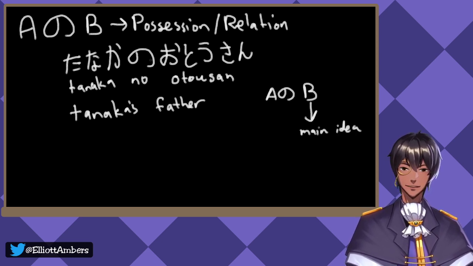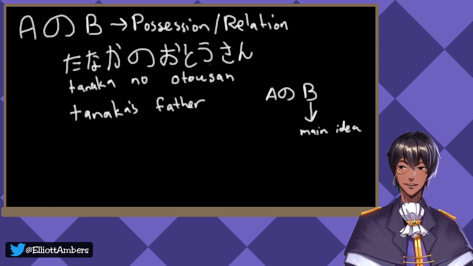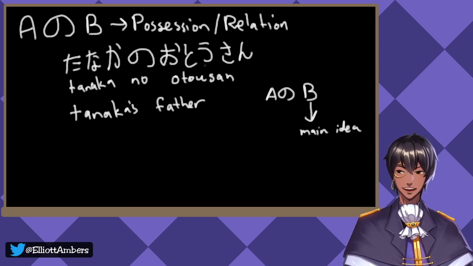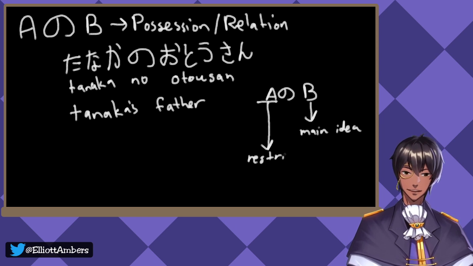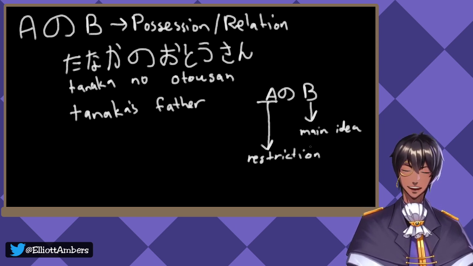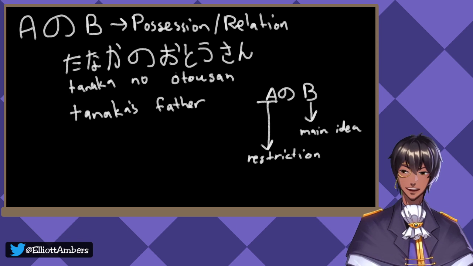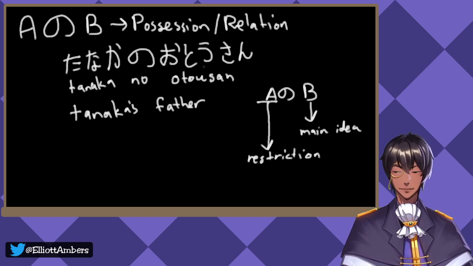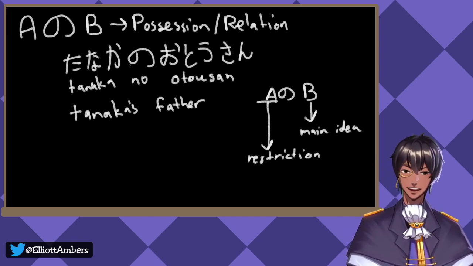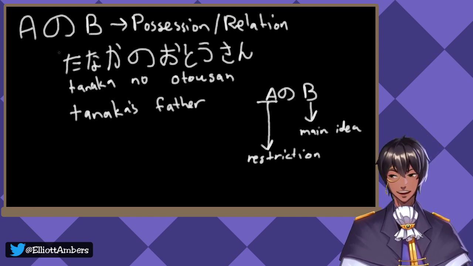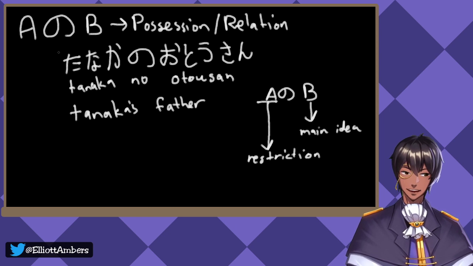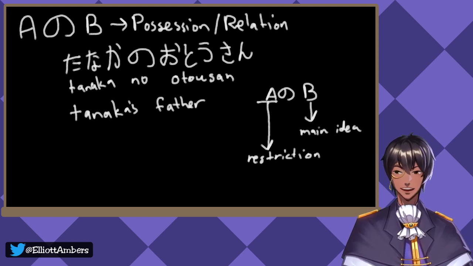Since we say no otosan, that means we're talking about a father. That means that the father is the main idea of this combination, while A is sort of like the restriction. The first term that comes before the no tells us whose father we're talking about. So Tanaka no otosan would be Tanaka's father.